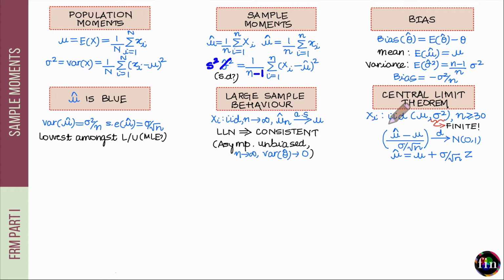So if a few conditions are satisfied, central limit theorem tells us the distribution that our mu hat will follow, the distribution that mu hat will converge to. The conditions are your xi sampled values of x should be IID, they should be independent and they should be identically distributed.